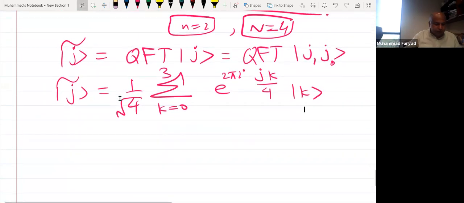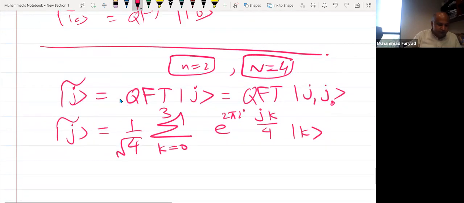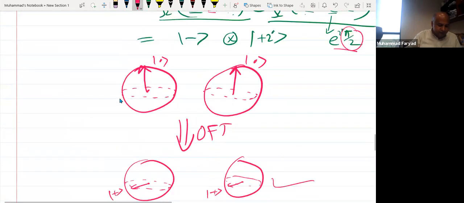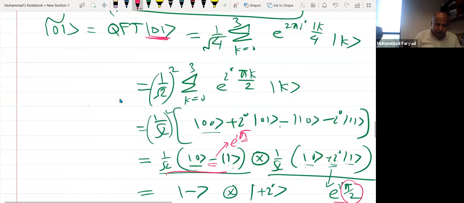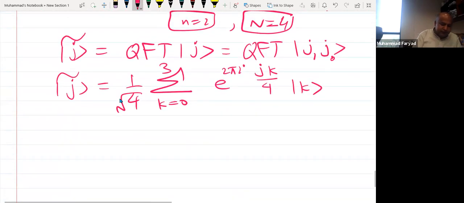Now we want to develop this state of qubits as a product state at the end, to visualize them. So it's easier that instead of expanding this sum in terms of k, we expand this sum in terms of k0 and k1 separately, and we'll see in a minute what happens.